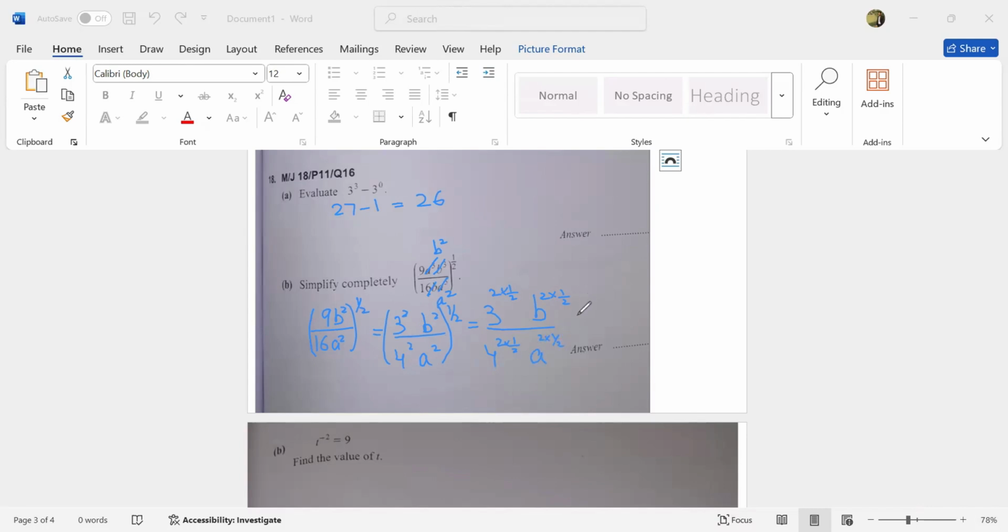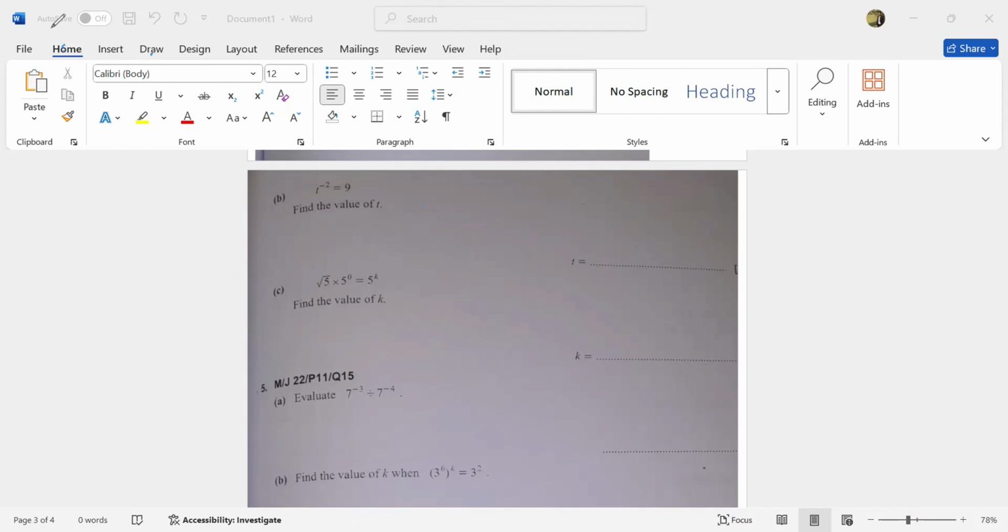And when these powers will cancel, we will be left with 3b over 4a. There was another simple way of this also, that instead of doing this step, you can directly take a whole power 2 and that can cancel with half and we will be left with that answer.